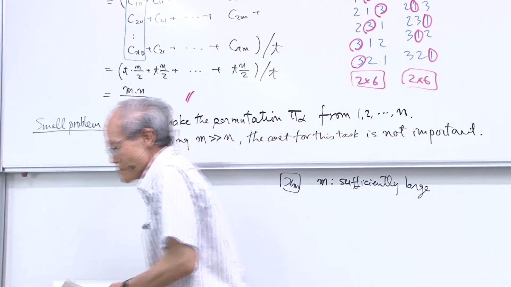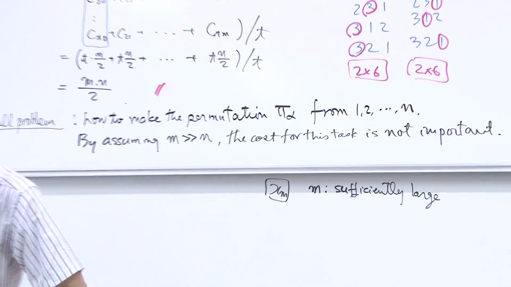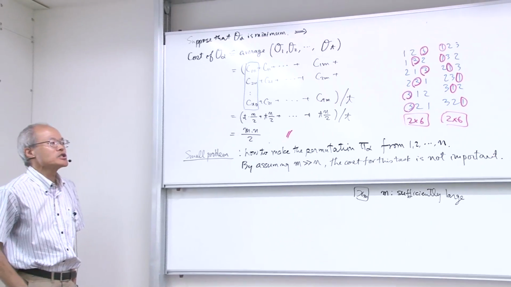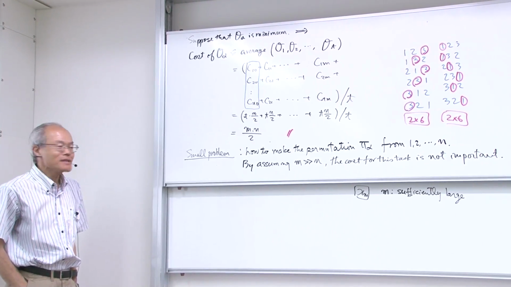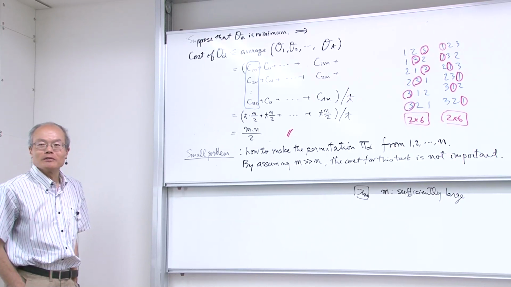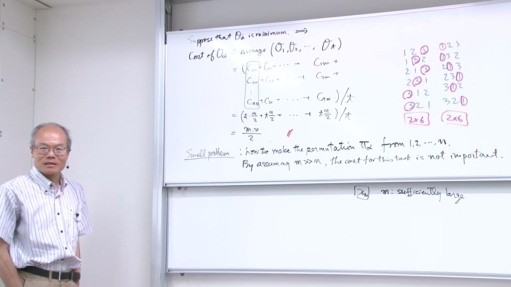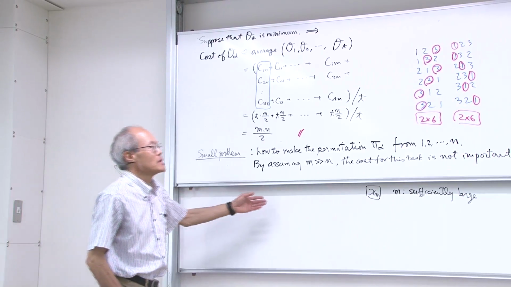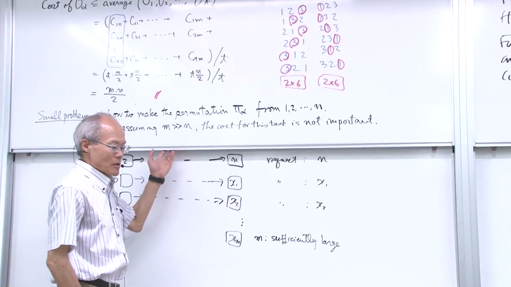If m is much larger than n, then the cost for this initial preparation is not very important. Maybe this is your homework, this kind of exercise. It's not so important. Okay. So we are done.